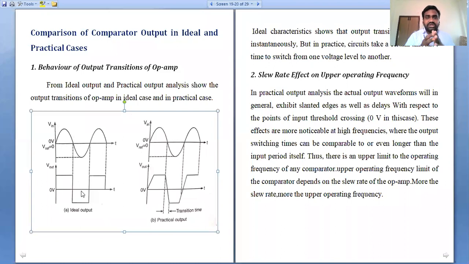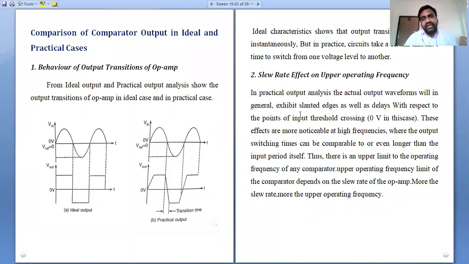So we can clearly say that the output voltage in the ideal condition is not the same as the output voltage in practical condition. There may be the effect of slew rate, temperature drift or thermal drift, threshold voltages, and other reference voltages that affect the practical output when compared to an ideal output. So that is the comparison.